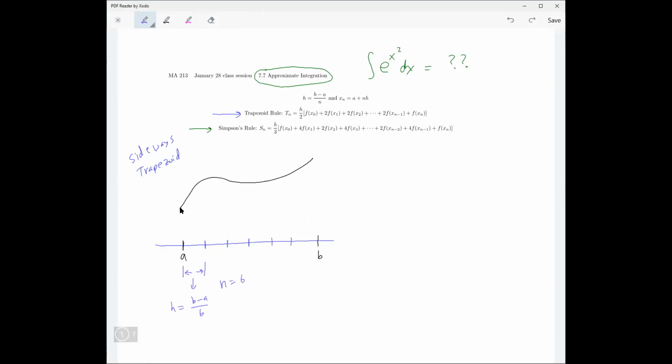With the trapezoid rule, you're taking this point here and that point, and then putting a line between those two. You're taking the area of this trapezoid. This line is parallel to that one, but it's sideways.